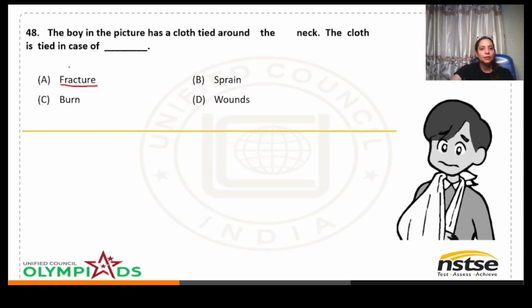What is a fracture? A fracture occurs when any bone partially or completely breaks. And a sprain is basically the tearing or more stretching of a ligament.